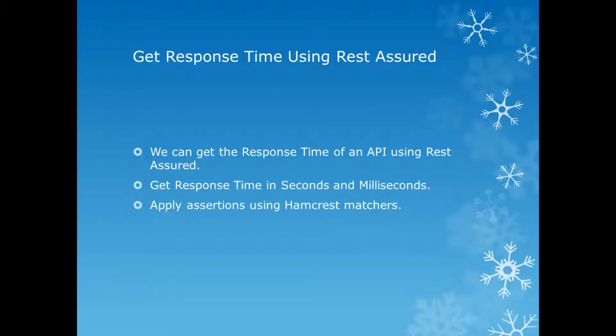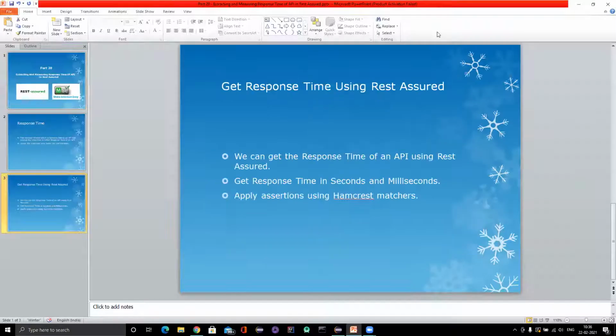REST Assured provides a very good way to extract and even put some assertions or validations on response time. In this tutorial, we are going to learn how to extract the response time in seconds and in milliseconds, and how to put some assertions as well. So let's directly jump to Eclipse and write some code.